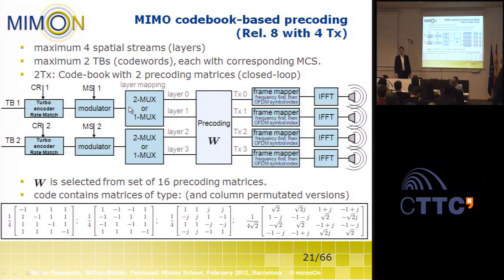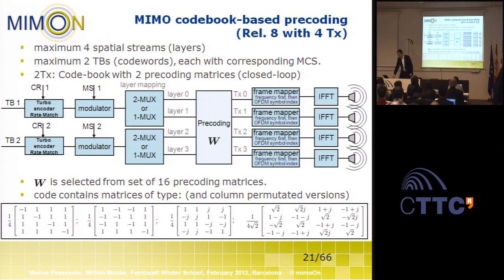Then we have the layer mapper, so each code block can be further multiplexed into 2 streams. In this case, I consider that we have a full rank channel, which is, we have 4 streams transmitted simultaneously. And then we have here the pre-coding. So the symbols are multiplied or linearly transformed with this pre-coding matrix W. And W is, as I said, chosen from a codebook.